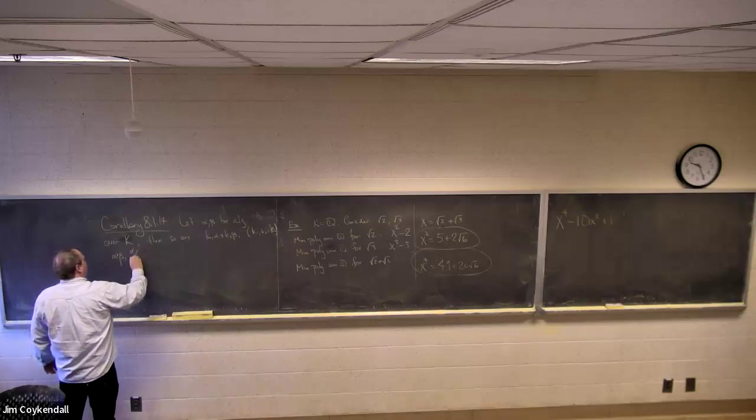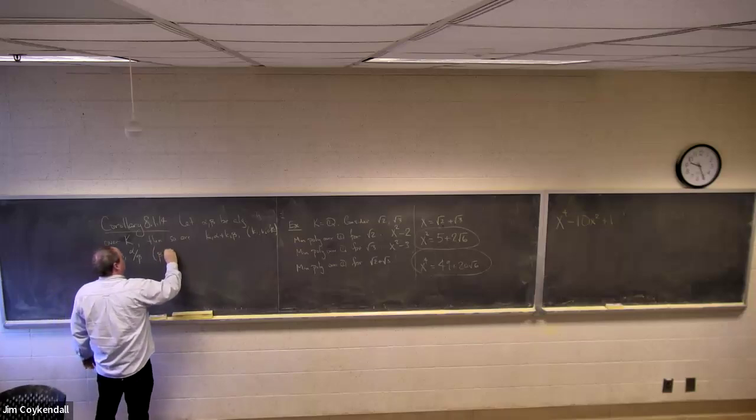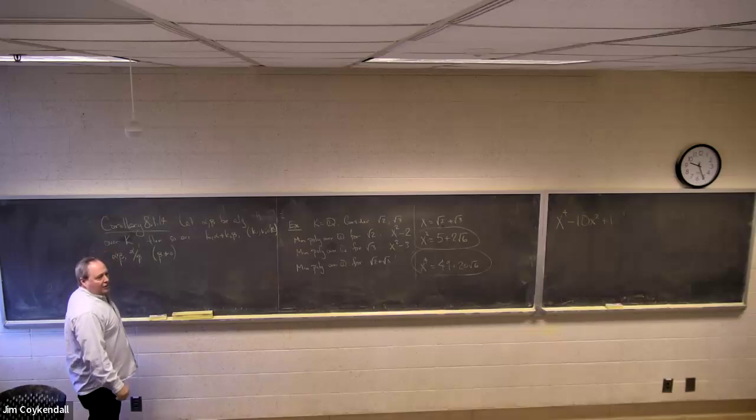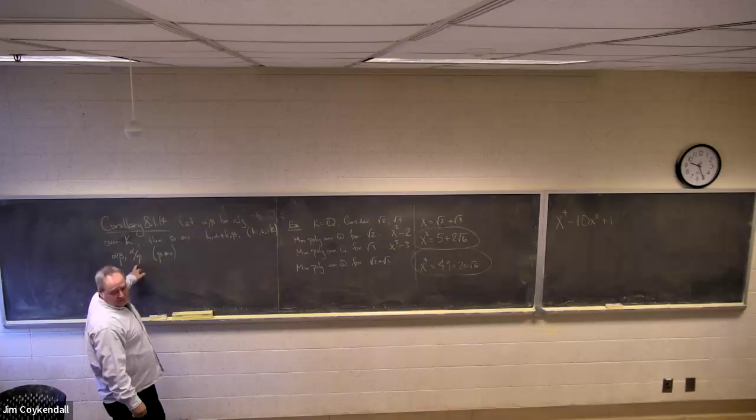Alpha beta, alpha over beta with beta not 0. So in other words, sums, products, and quotients, as long as you're not dividing by 0, are all algebraic over K.